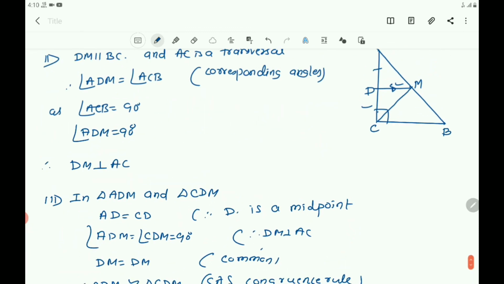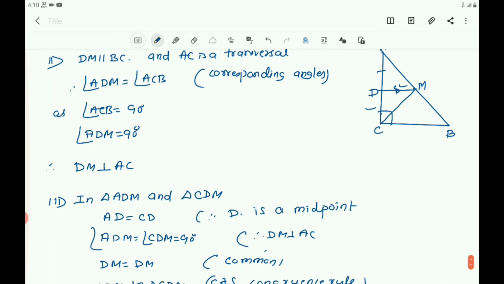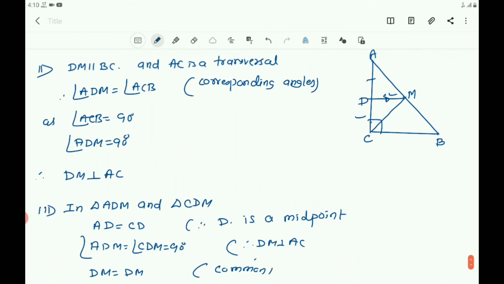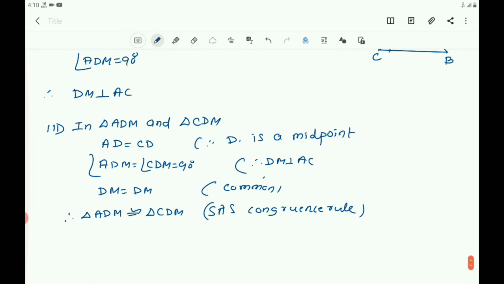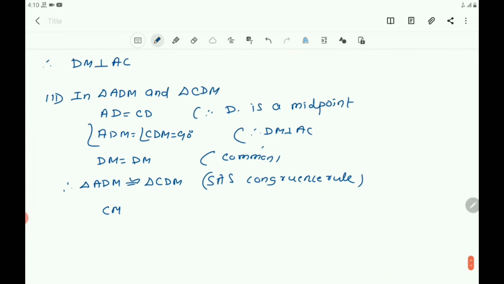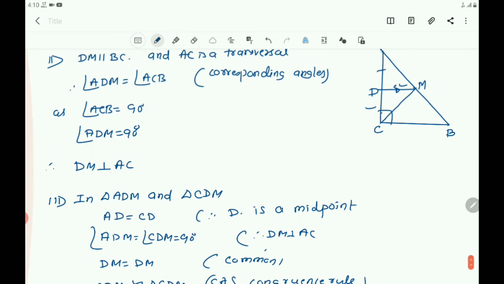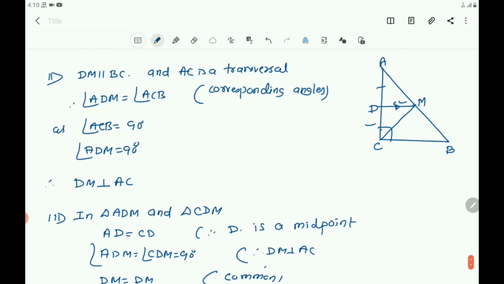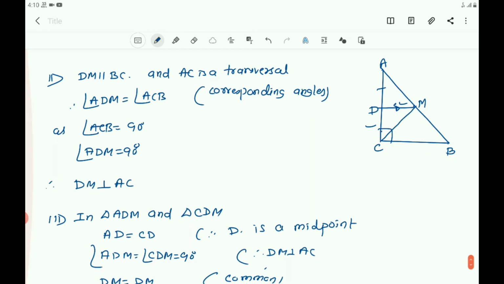So you can say that CM equals AM. You write CM equals AM. And you know that AM is half of AB, because M is a midpoint.